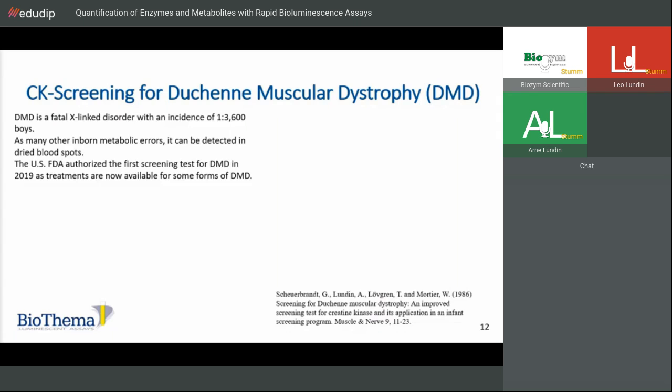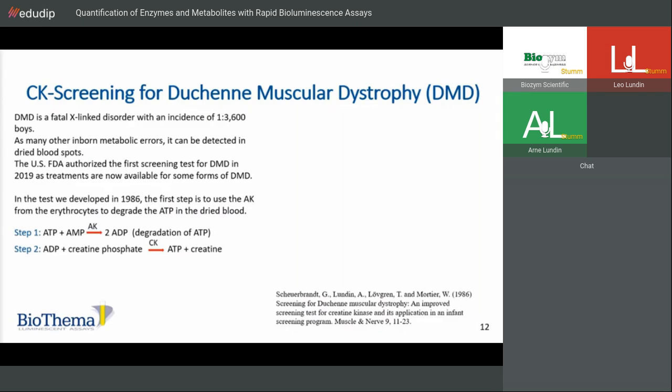The US FDA authorized the first screening test for DMD in 2019, as treatments are now available for some forms of DMD. In the test we developed in 1986, the first step is to use the AK from the erythrocytes to degrade the ATP in the dried blood, as shown by this formula.